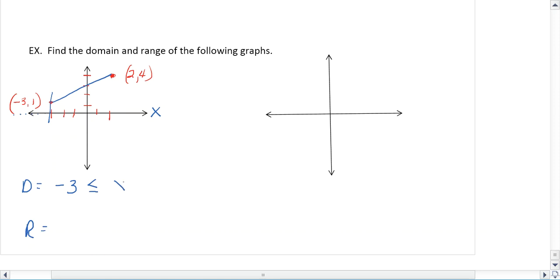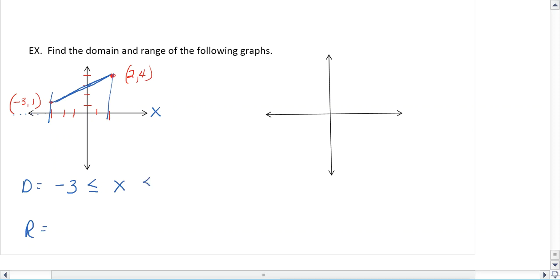And now we're going to talk about all the x's in between here. Because this line is solid, it exists at all these x's. So as I'm coming here to -2, -1, 0, it's still existing. 1, and then right here, when you hit 2, that's the upper boundary. And this is also a closed circle on 2, so I know it is included.